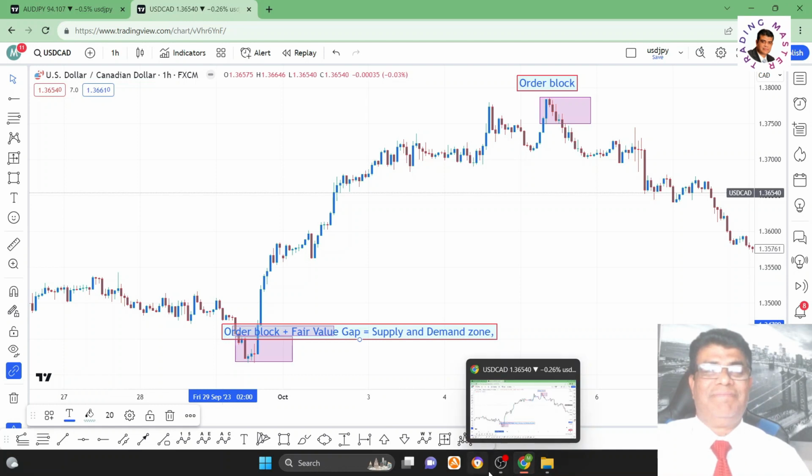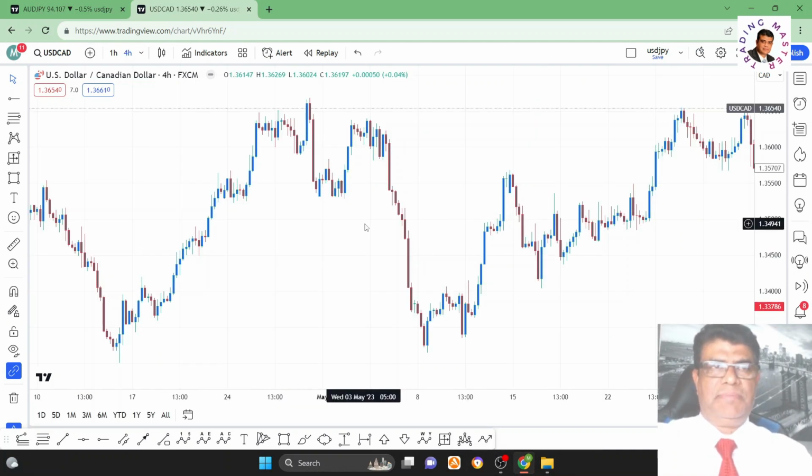Okay. Now the last concept is called liquidity grab. When it breaks the swing low or swing high, and then it goes in the opposite direction, that's the definition of a liquidity grab.